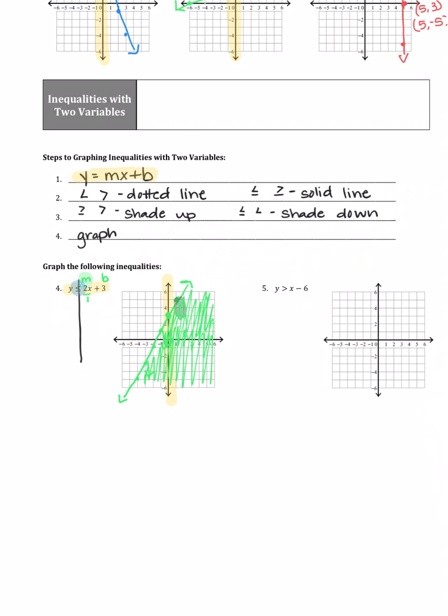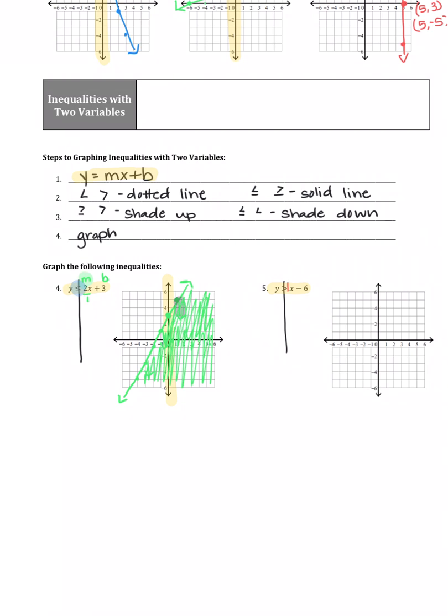That one looks good. Okay, so let's look at number 5. We have y is greater than x minus 6. Remember, we're going to do it the same way we did before. We're going to treat it like an equal sign to start off with. First we're looking for, is it in the form y equals mx plus b? So y equals, I have an x and I have a b. Remember, if there's no number in front of your x, there's really a 1 right there.